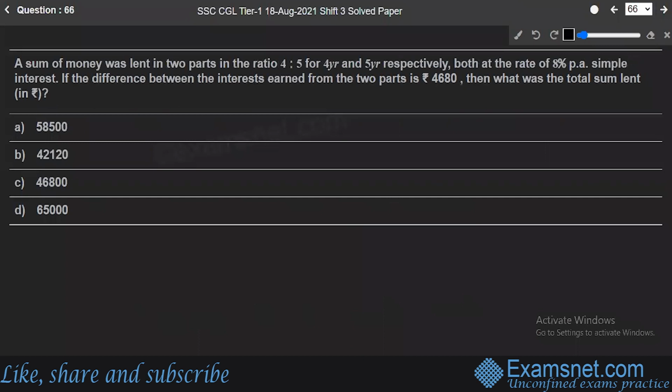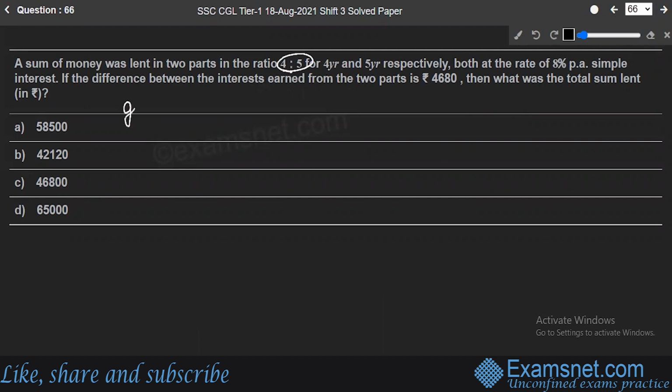Question number 66. The sum of money was lent in two parts in the ratio of 4 is to 5 for 4 year and 5 year respectively. Both are having rate of interest as 8%, simple interest. If the difference between interest earned from the two parts is 4680, then what is the total sum lent in rupees? First of all, you are given that the money was lent in the ratio 4 is to 5.